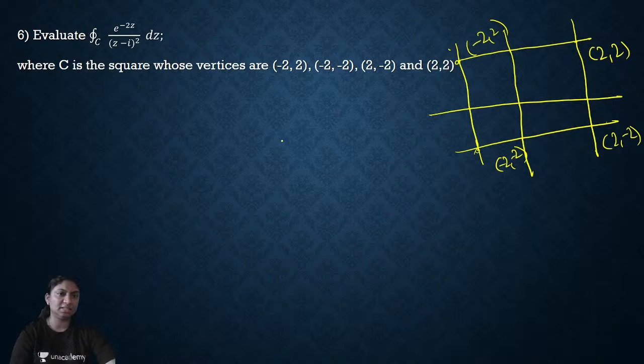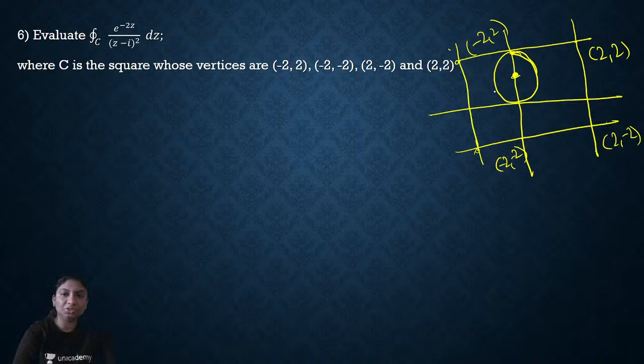So obviously this is a circle with center at, what will come, z plus 1, so x plus 1, x minus 1, center will be 1, 0, right? Center is 1, 0, and radius will be 1, right? This is a circle with center at 1, 0. Your curve is situated in this. So totally the curve lies inside the curve C.